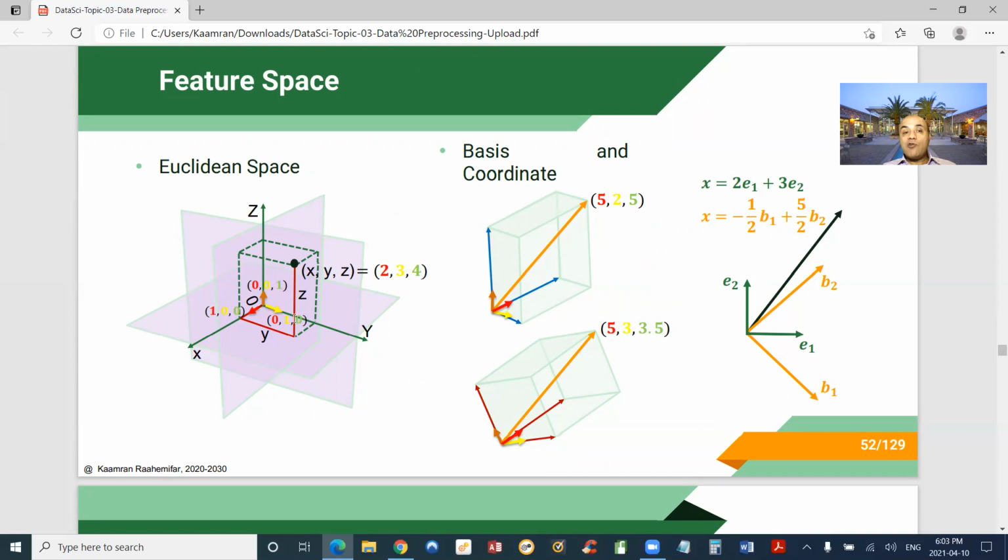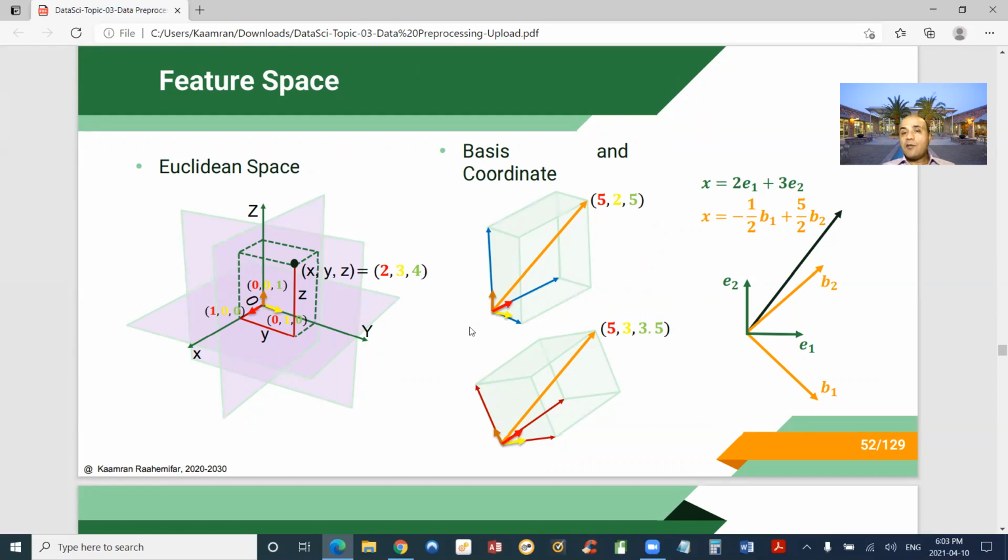Now, you could potentially decide that your bases are not scaling. They are not rotational. You simply find your basis coordinates in a very interesting way, which is not the topic of this class. I'm going to show you some of this stuff very quickly.